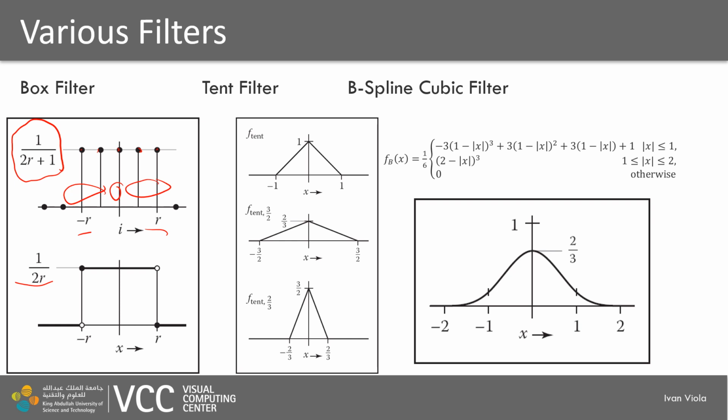For example, if r is 1, the height will be 1/2. If r is 1/2, as we had previously, our height will be 1. So it will be a square, a box in 2 dimensions.